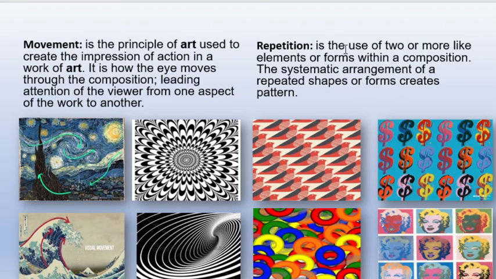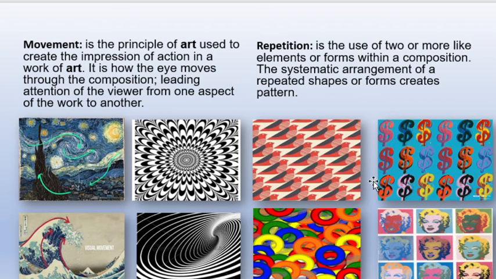Repetition is the use of two or more like elements or forms within a composition. The systematic arrangement of repeated shapes or forms creates pattern. So this is very simple. You keep repeating certain motifs in your art.